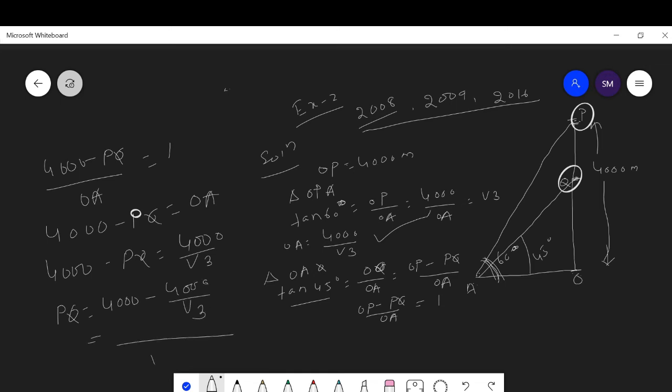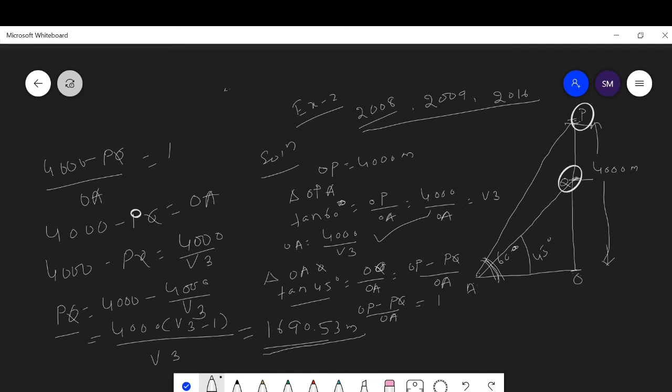Taking root 3 as the LCM and taking 4000 common, we get root 3 minus 1. Then by putting the value of root 3, we get 1690.53 meter.